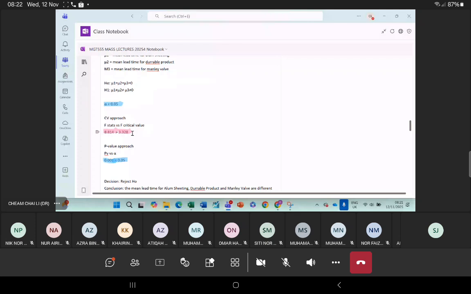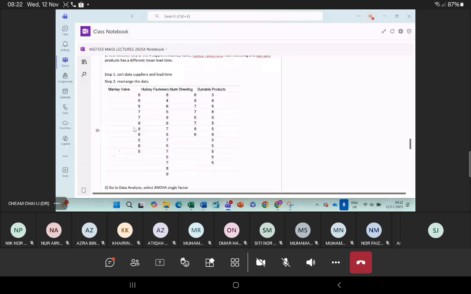And you see semua group ini, walaupun variable yang sama, that is lead time, but many verbs are different from Hauki fastener, and Hauki fastener are different from alum shipping. So yang ni maksudnya the data here, all the data are independent from one another.